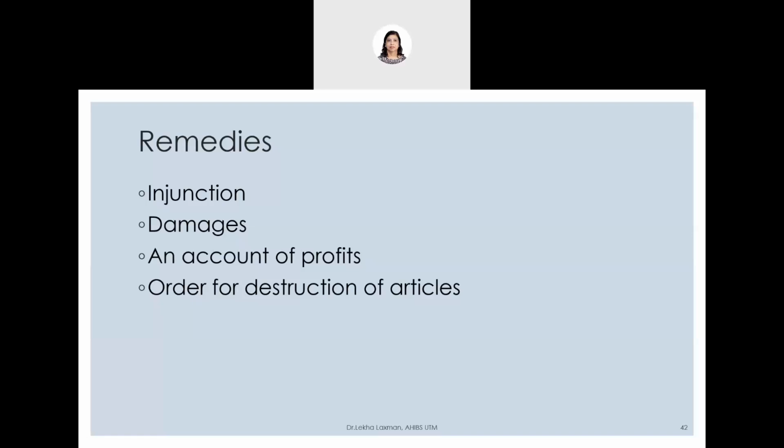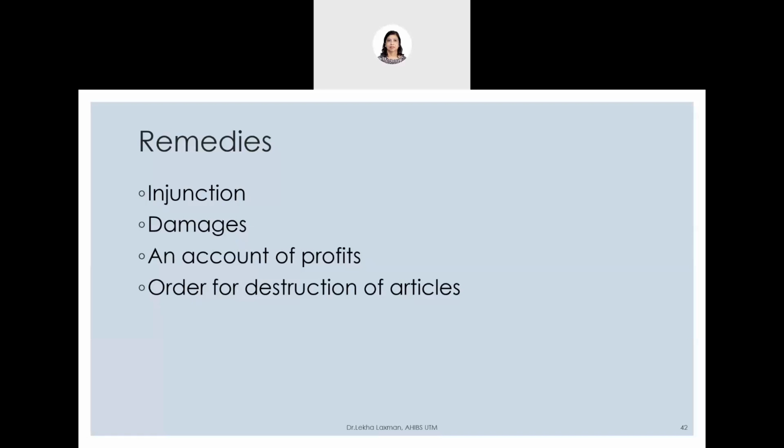So, for example, if that person has taken that confidential information and made profits out of it, you can actually get an account from the competitor of the profits that they have accrued after using your invention or your confidential information. So that's another remedy, account of profits.